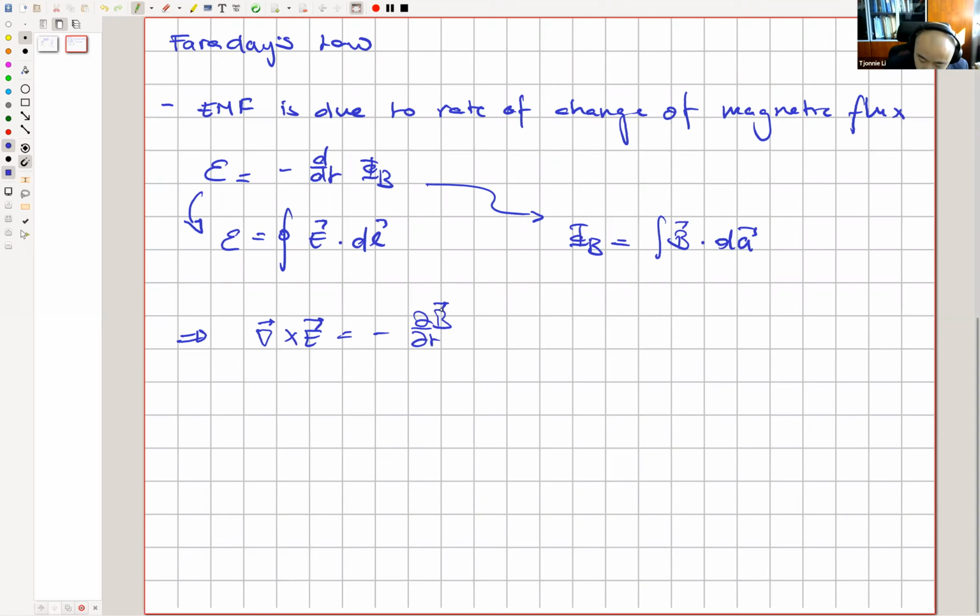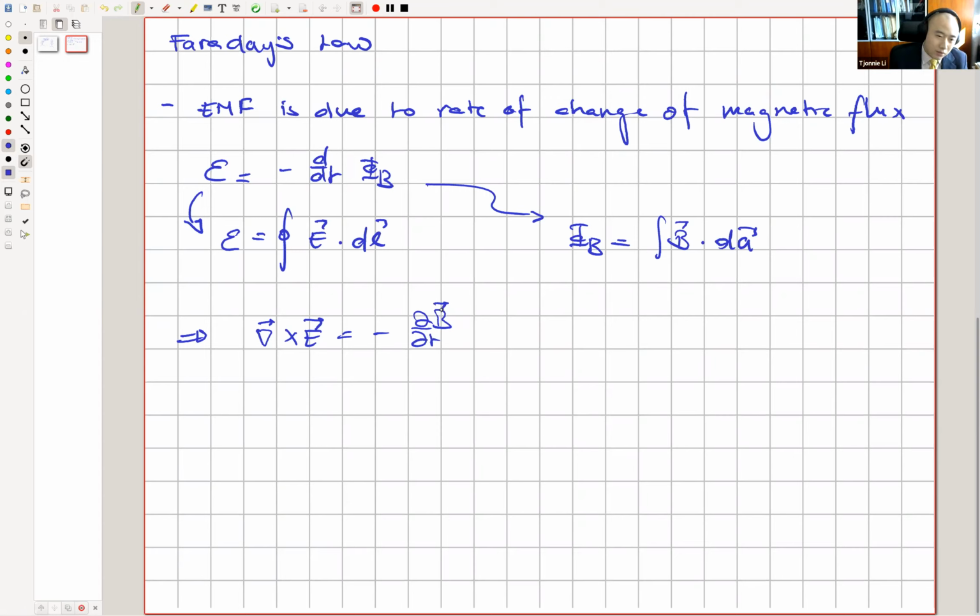So Faraday's law is essentially saying that with a time varying magnetic field, we get an electric field. In particular, we get a curl of an electric field. Before, the electric field was simply a field with just a divergence. If we look at some static charge density, that only had a divergence.